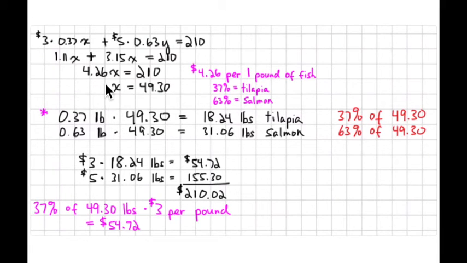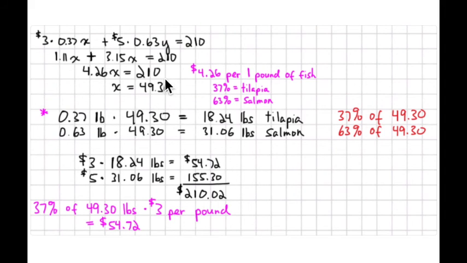So once you can figure out the average price, and you do that by whatever the split is, the hundredth split or the percent split, if I want 25% and 75%, if I want 20% and 80%, if I want 40% and 60%, or going the other way, 60% tilapia, 40% salmon, whatever it is, you multiply that decimal value by the cost, add them together, that gives you the average cost per pound.